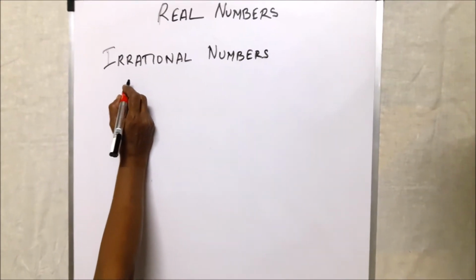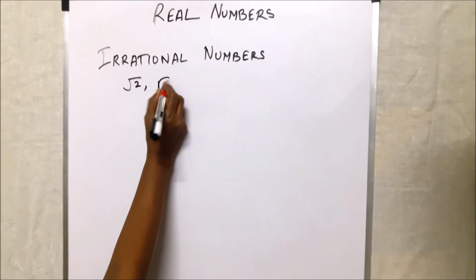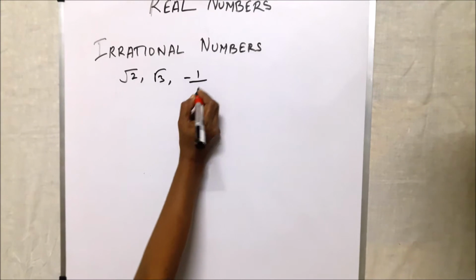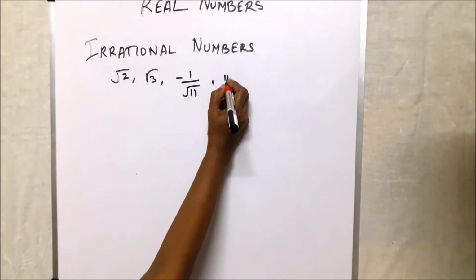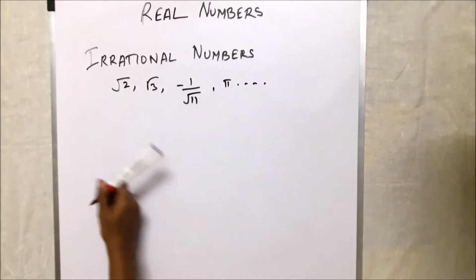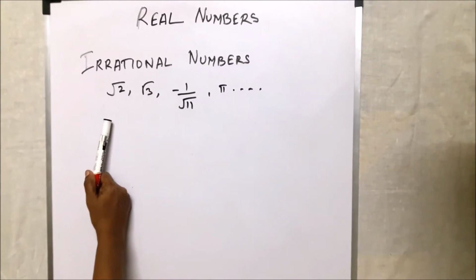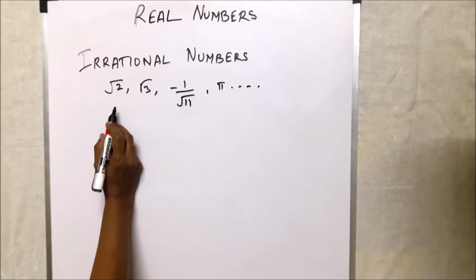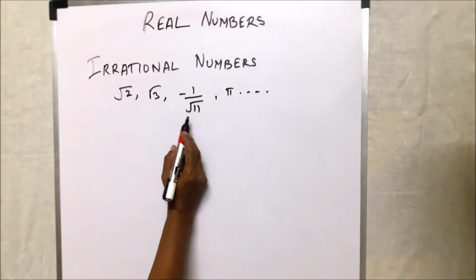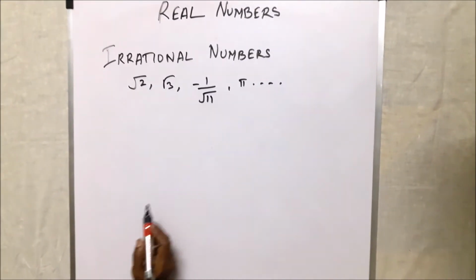That is, irrational numbers are expressed in the form root 2, root 3, minus 1 by root 11, pi, and so on. What are irrational numbers? The numbers which are not rational numbers, and examples are root 2, root 3, minus 1 by root 11, pi, and so on.